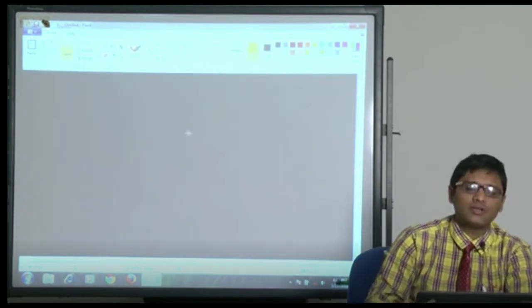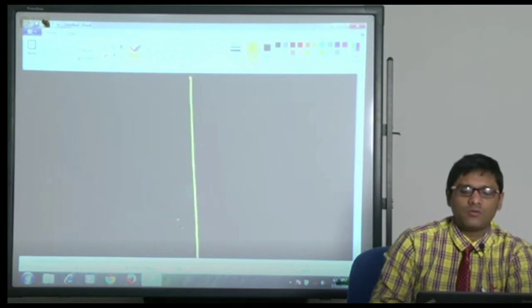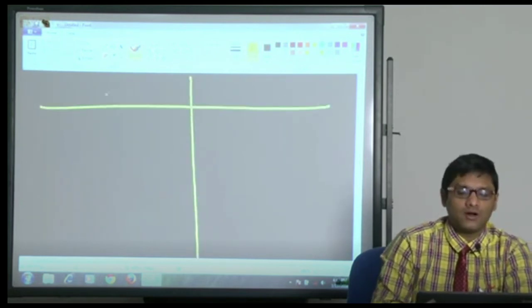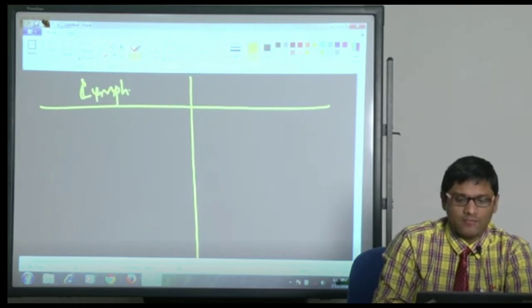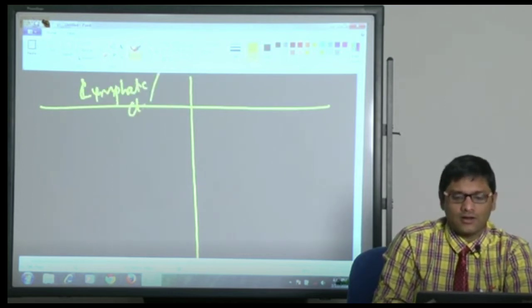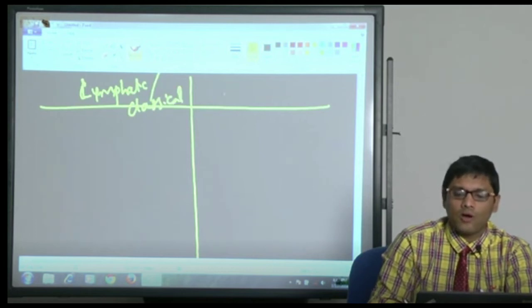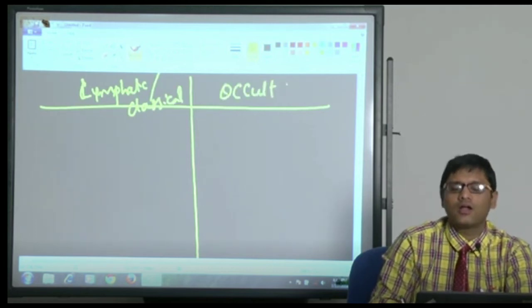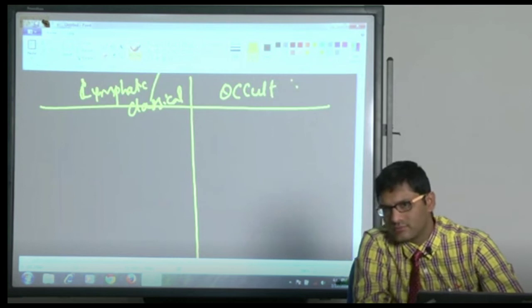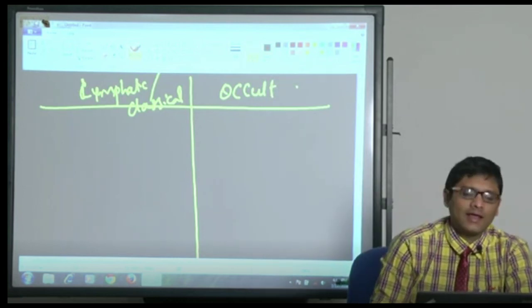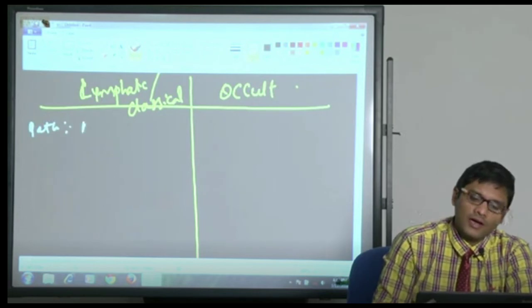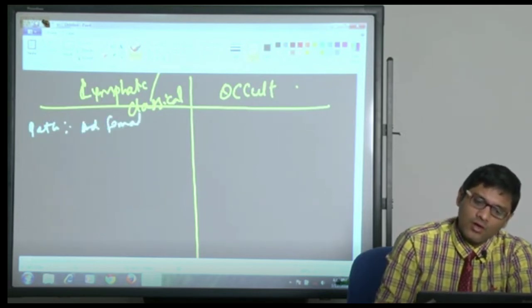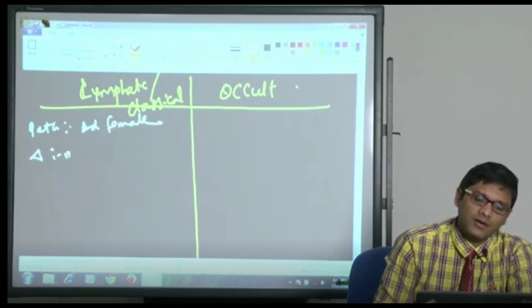In contrast to lymphatic filariasis, which is otherwise called classical filariasis, there is one more variety called occult filariasis. What is the difference? In lymphatic filariasis, the pathogenic form is the adult female, whereas the diagnostic form is microfilaria in blood.